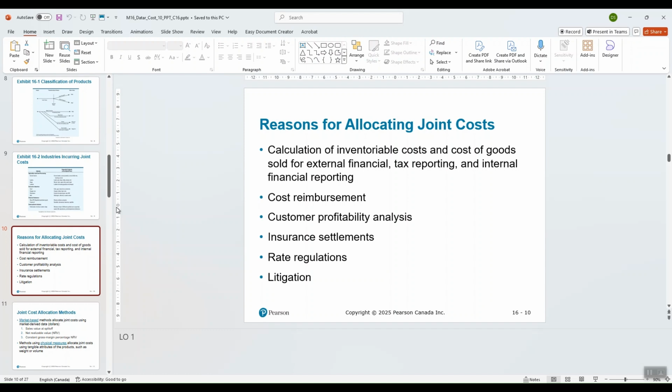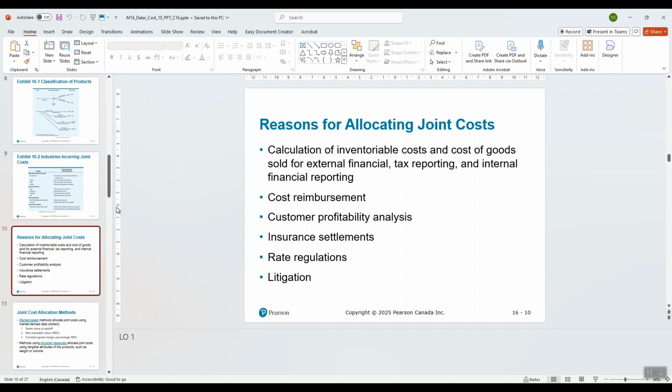What is the reason for the allocation of joint cost? So the main reason is the cost allocation, because the user or the management likes to see the real profitability of the product. So when it comes to the inventory valuation or the cost of goods sold, you may want to understand what is the profitability of each business line.